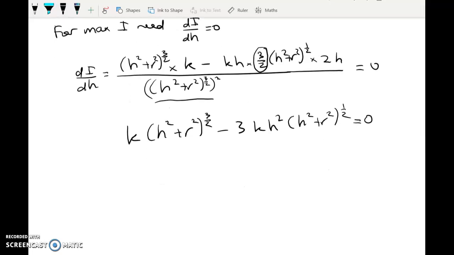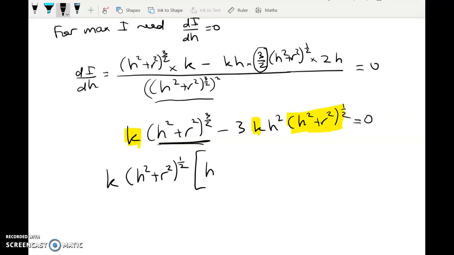You can see that we've got some common factors. We've got a common factor of k. We've got a common factor of h squared plus r squared to the power of 1/2. That leaves me with h squared plus r squared to the power of 1, right, to make up the 3 over 2, minus 3h squared is equal to 0.